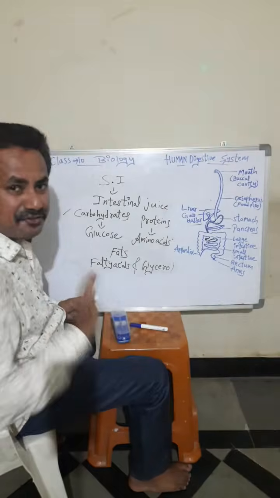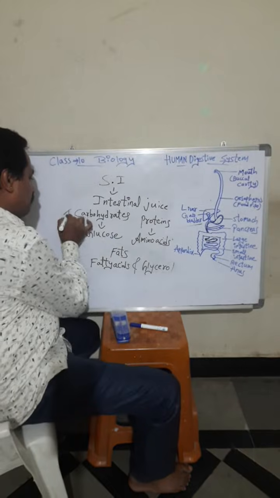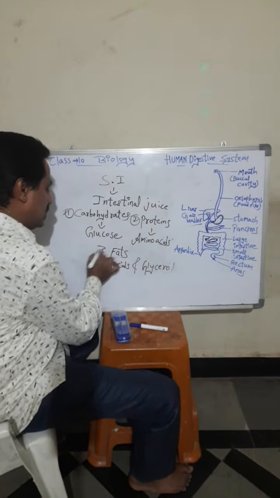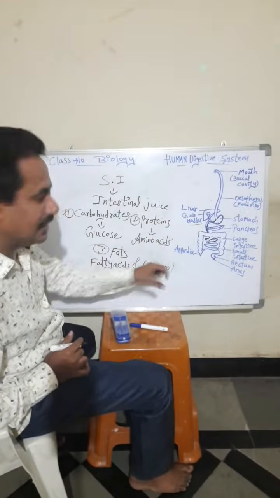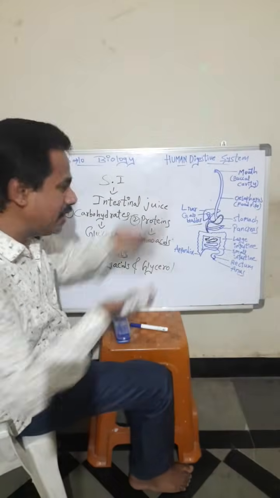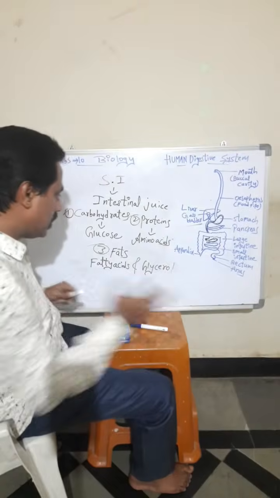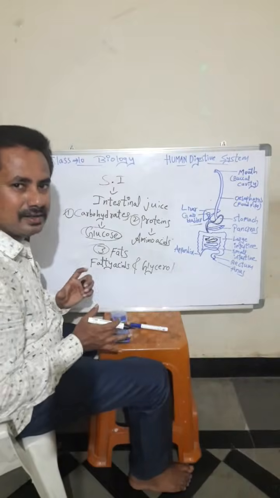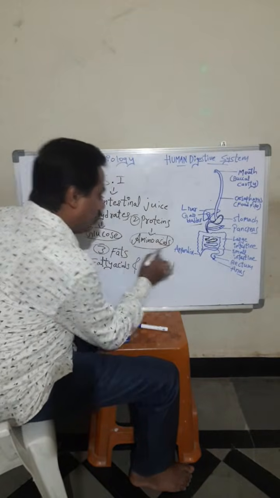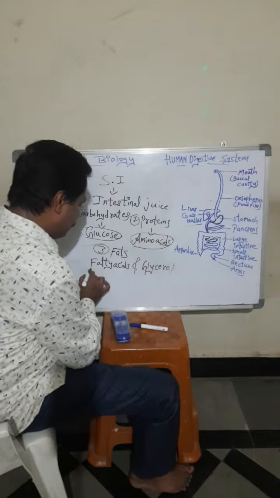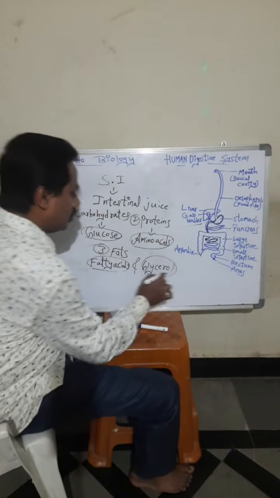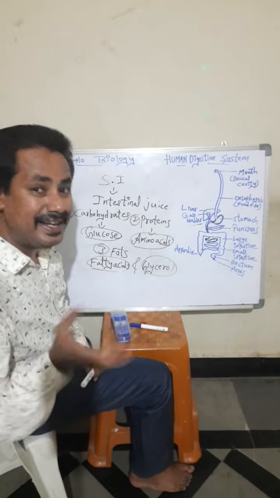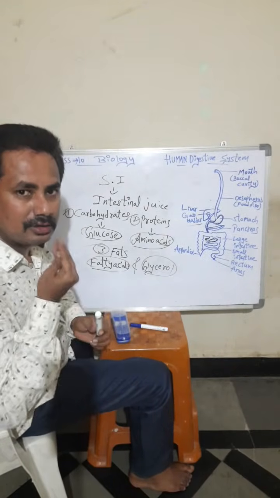Conversion is over now. So simple. Carbohydrates are converted into glucose, proteins into amino acids, fats into fatty acids and glycerol. Why does it have to convert, sir? Because our body absorbs only these simple things. A small baby cannot eat chapati, as teeth are not there.